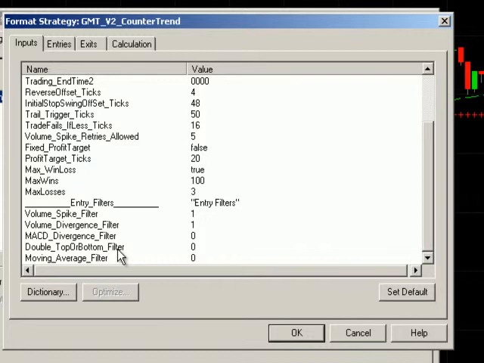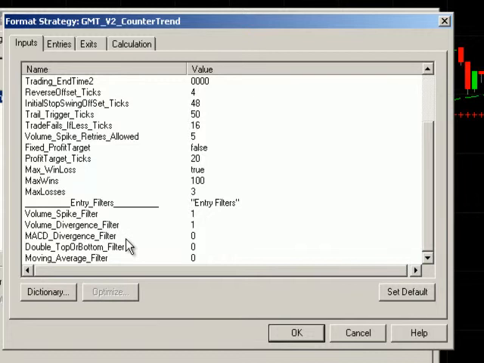Now, what I've found is that the volume spike and divergence clearly work the best of the filters. If you have all the filters turned on, you're not going to get a lot of trades, because you're requiring a lot of variables to occur all at once, and some of those things just won't happen all at one time. But you occasionally will get trades.